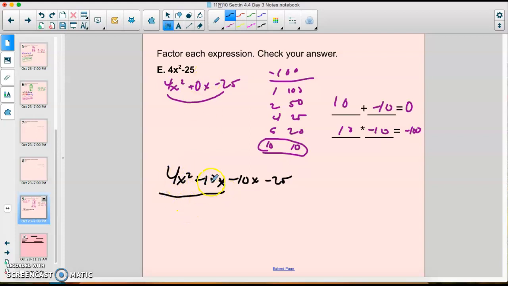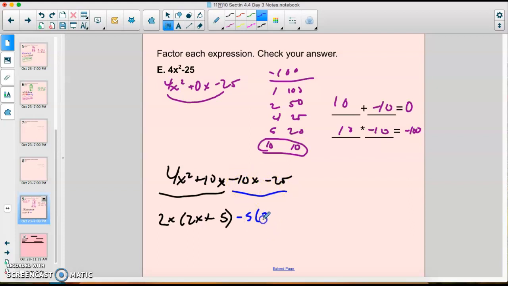Okay, what do we take out of here? We can take a 2. And we can also take an x. We're left with 2x and 5. Okay, now what can we take out of this one? I'm going to take a negative 5. And so we can't take any x's out.